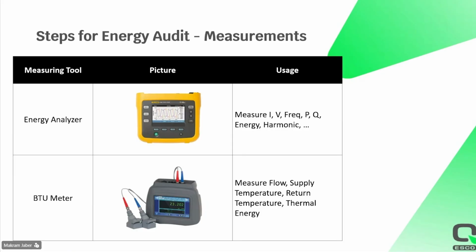We care about the electrical consumption also when we link it to the thermal energy consumed. The chiller is providing cooling at the end, so we need to understand how much cooling is provided to this building. That's why we install the BTU meter and make logs for the thermal energy.